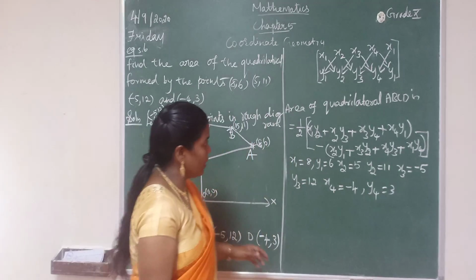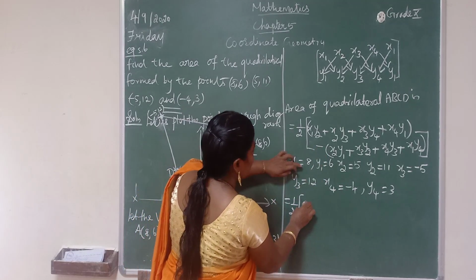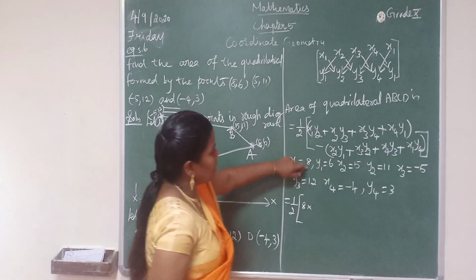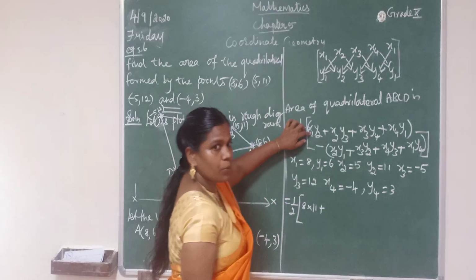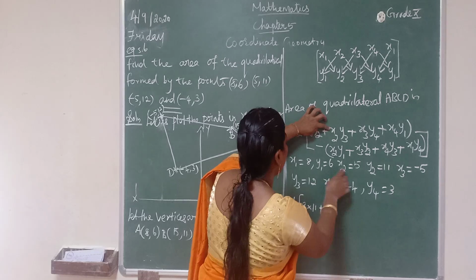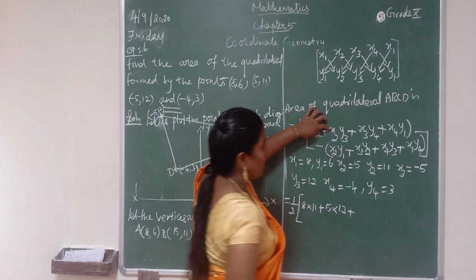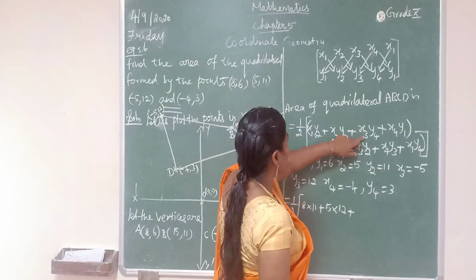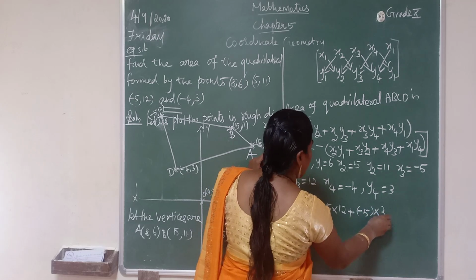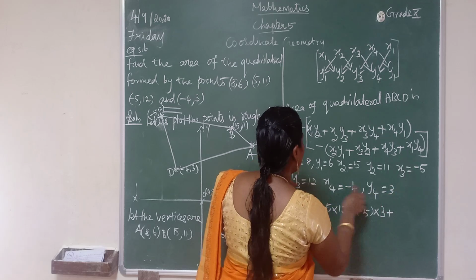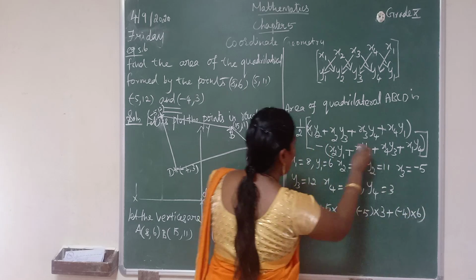Let's substitute. That is equal to 1 by 2 into [8 into 11 plus 5 into 12 plus (-5) into 3 plus (-4) into 6], close the bracket. First term over.